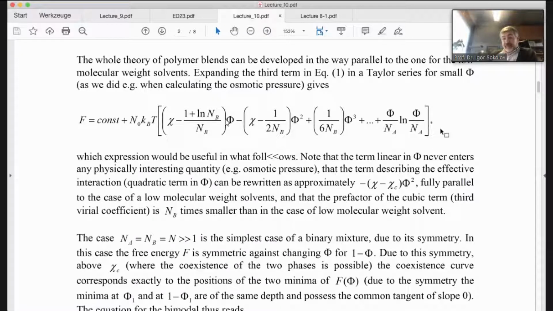Now, let us have a look at what happens. For example, let us try to repeat our calculations which we performed when considering the osmotic pressure of polymers in such situations.